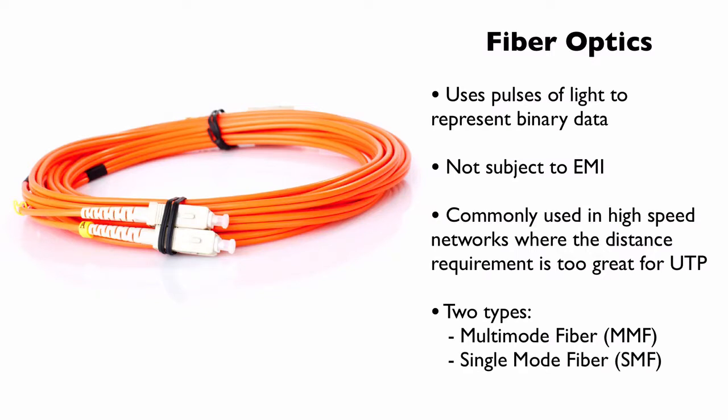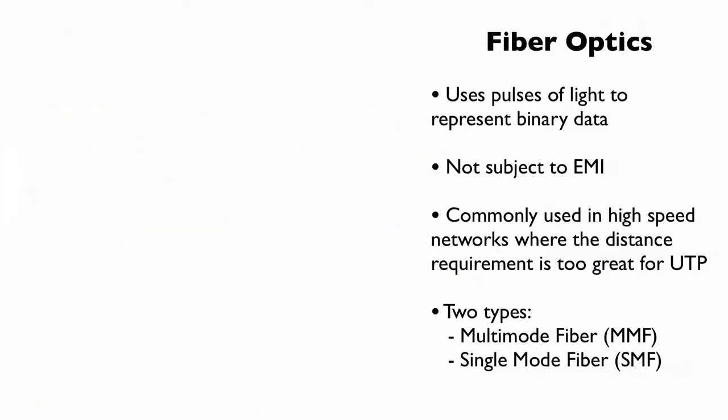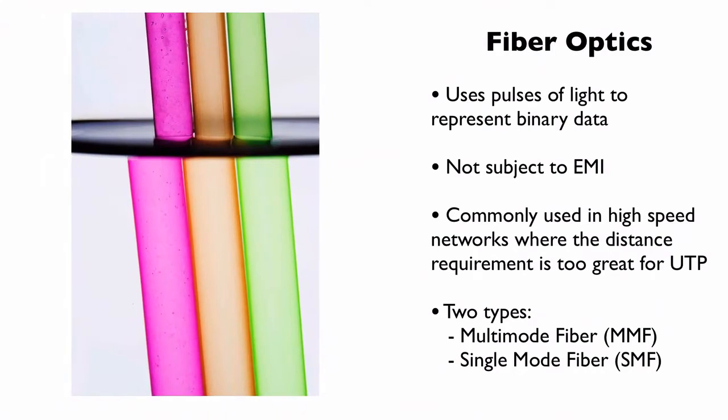To help us start to understand the distinction between multi-mode fiber and single-mode fiber, consider what you may have seen at a restaurant. Let's say that you had a glass of water and you had a straw in your glass of water. You might have noticed a phenomenon something like this. When you insert a straw or a pencil or something into a glass of water, have you ever noticed that the straw or the pencil, those objects don't seem to line up above the water line and below the water line?